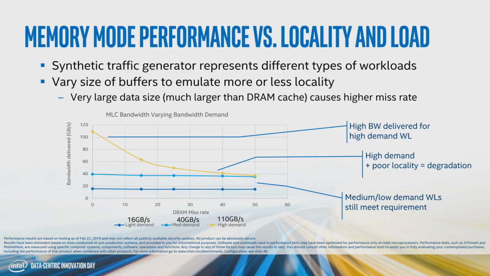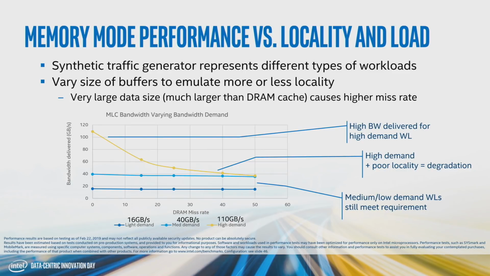As the miss rate increases, you can see there is a degradation in the bandwidth. So that's something to keep in mind, looking at the type of application that's being run. If you have an application that's constantly demanding the highest bandwidth and is randomly spraying all over the place without any locality to take advantage of the cache, you would see a degradation.